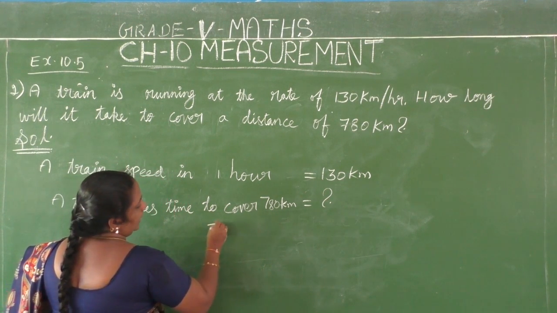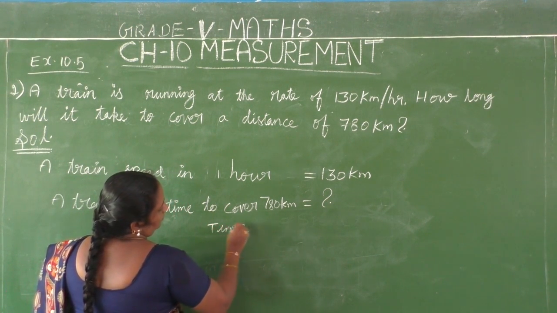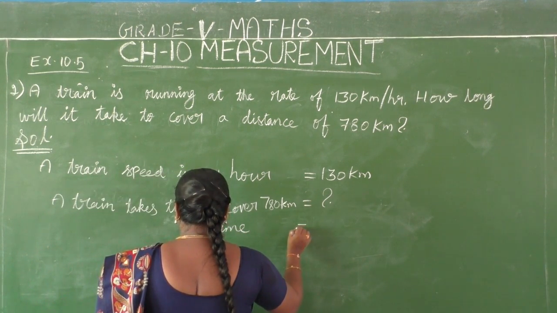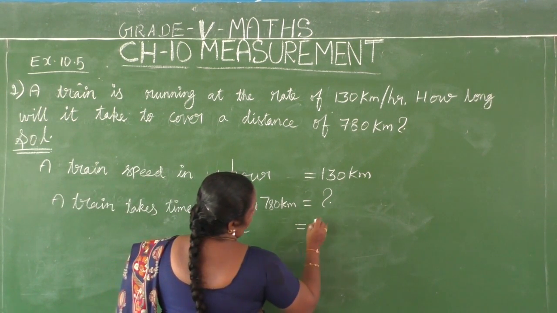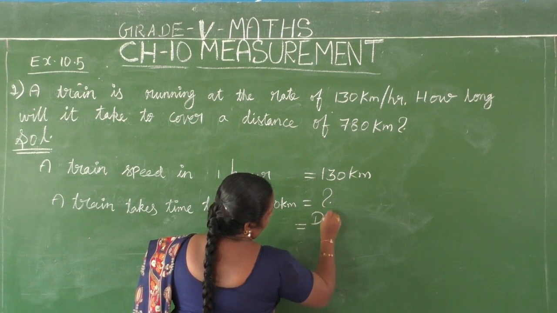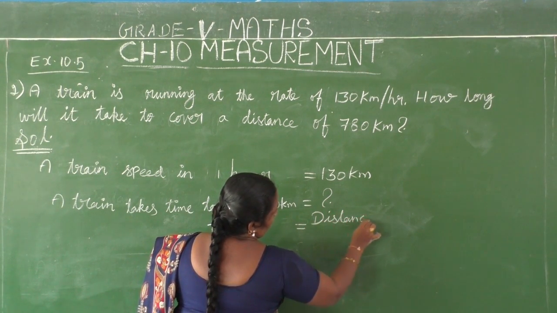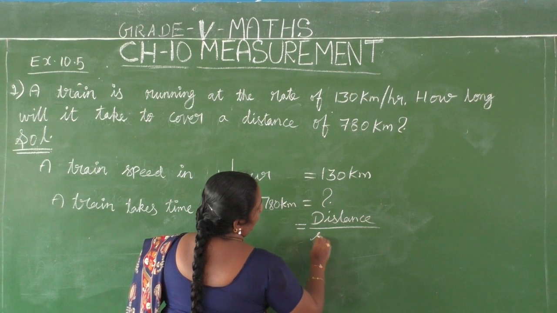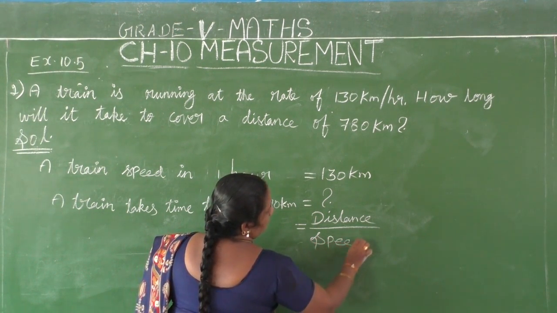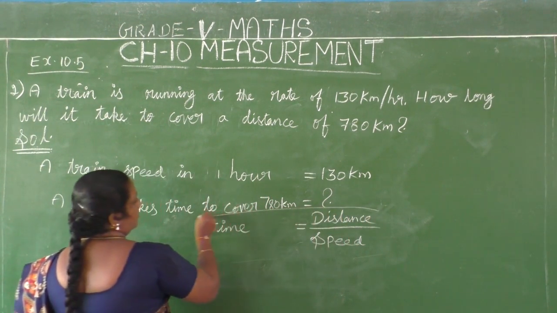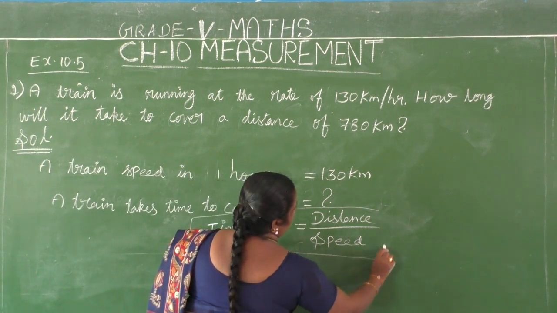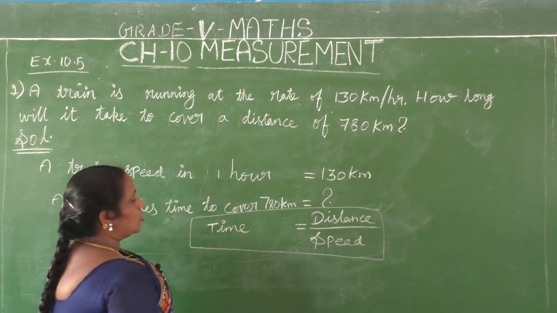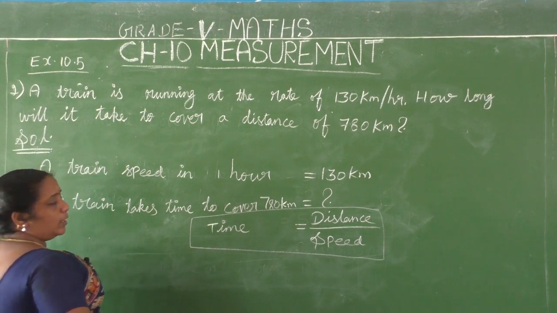Okay, so the time only we are going to find out now. So we have to write the time formula. What is the time formula? Distance by speed. The time formula is distance by speed. Okay ma, so you have to memorize the time formula also.